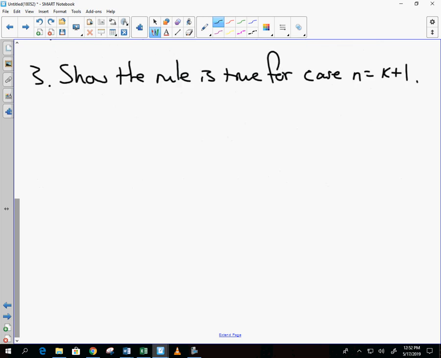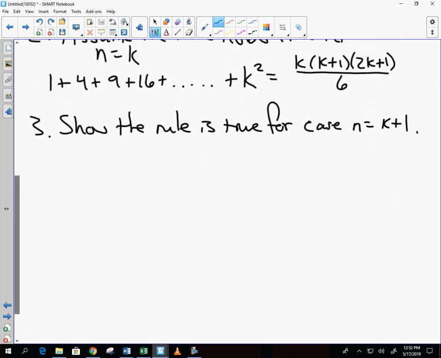Let's make sure we get this straight. A lot of questions have come up today about how to write this out. 1 plus K squared plus K plus 1 squared.